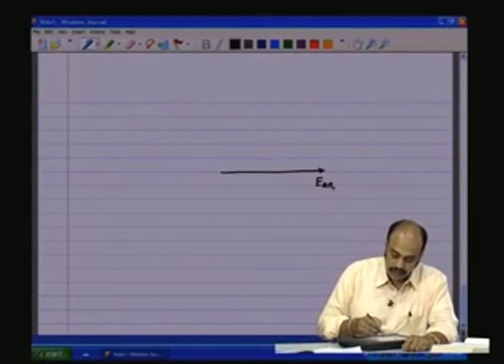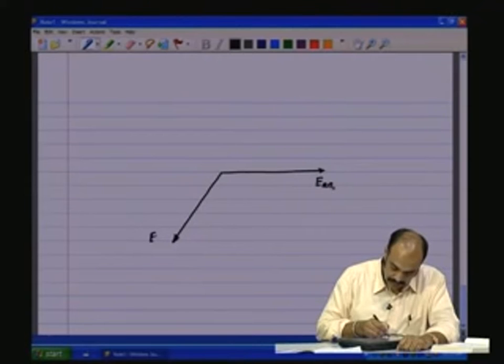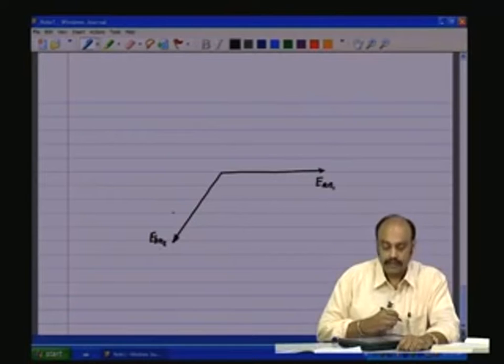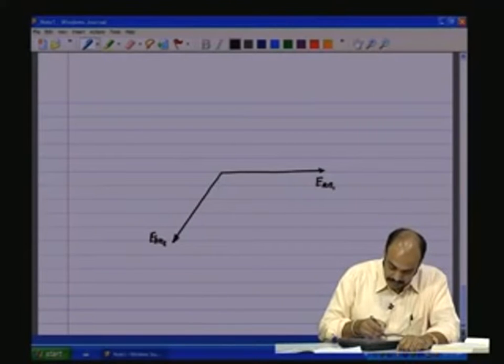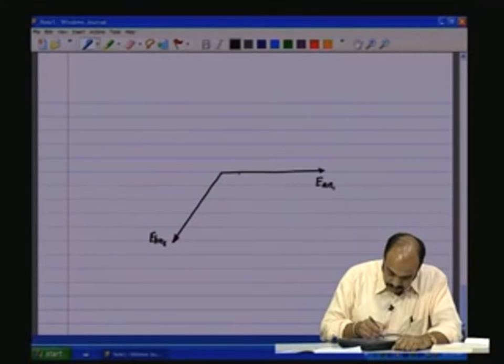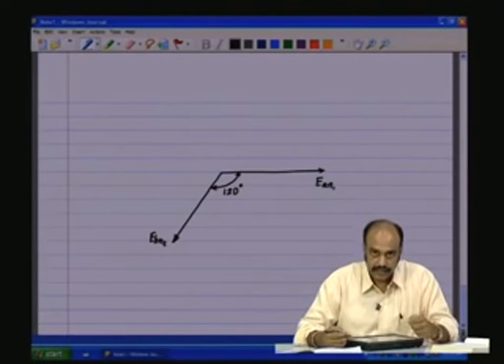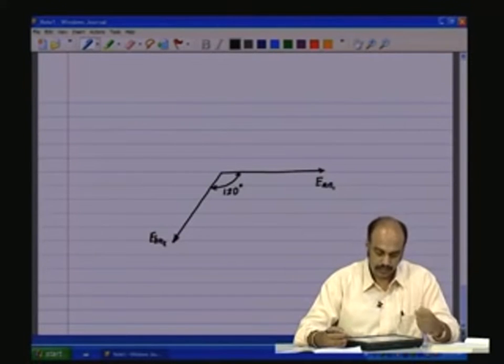Now, let another voltage, let us call it E B N 2, lag E A N 1. Note that the RMS amplitude is the same because the peaks are same, and it is lagging by 120 degrees. The EB source voltage is lagging the EA source voltage by 120 degrees.